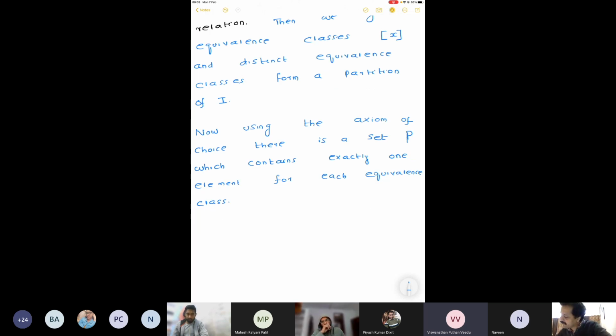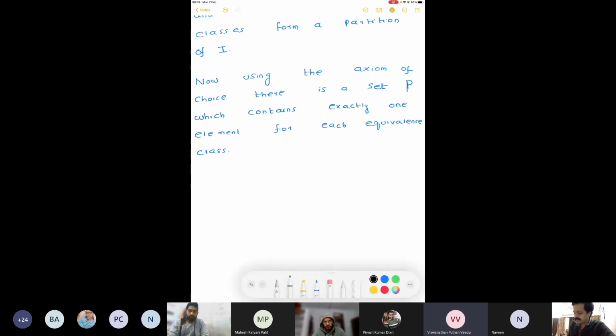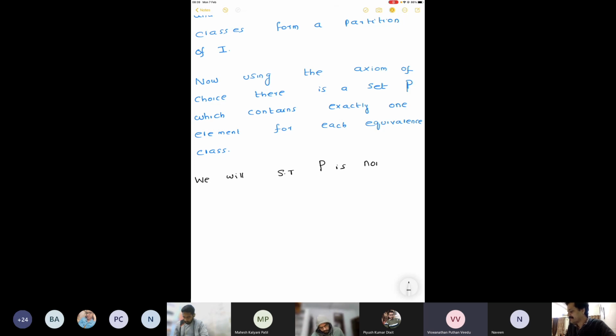So is it clear what P is? You have a collection of equivalence classes. Basically, they are sets. You select exactly one element from each of these sets and form a new set. That is P. We will show that P is non-measurable, and that will give an example of a non-measurable set.